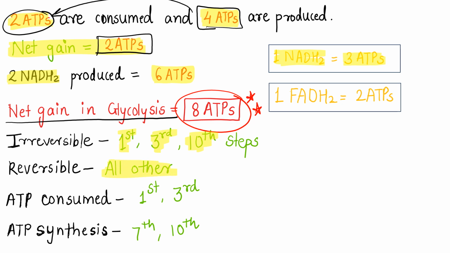All others are reversible reactions. Now, at which steps was ATP consumed and at which steps was ATP synthesized? ATP was consumed at the first and the third step, and ATP was synthesized at the 7th and the 10th step. So these are some important points to remember on which questions can be asked.